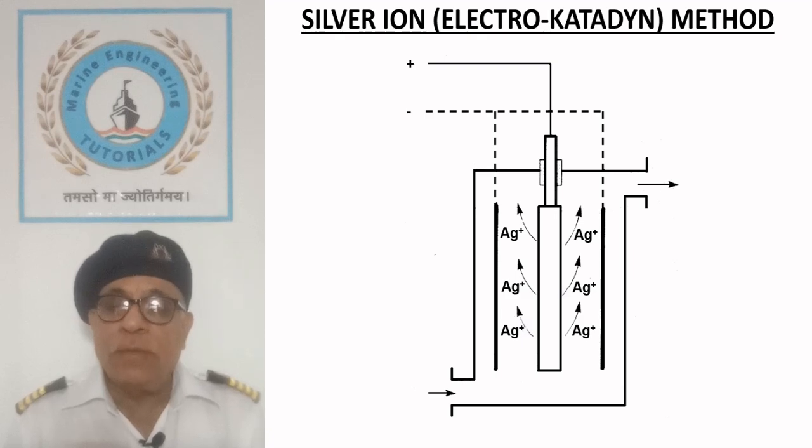Silver is toxic to various microorganisms even in low concentration such as 0.005 parts per million. Unlike chlorine gas, it does not evaporate but remains suspended in the water.